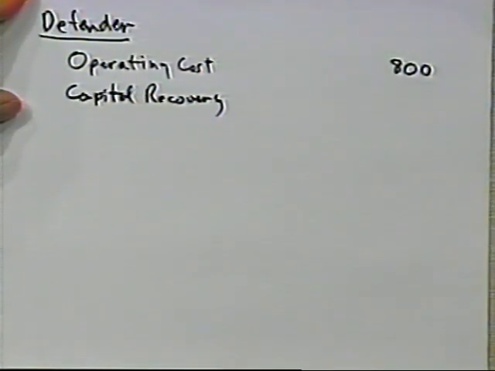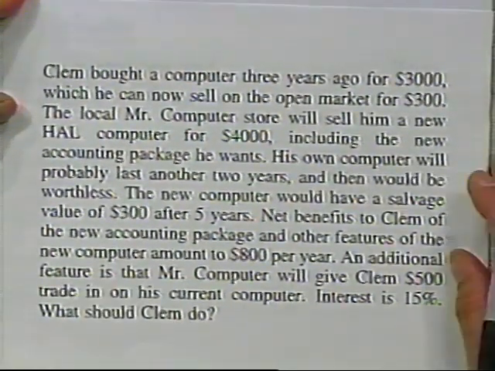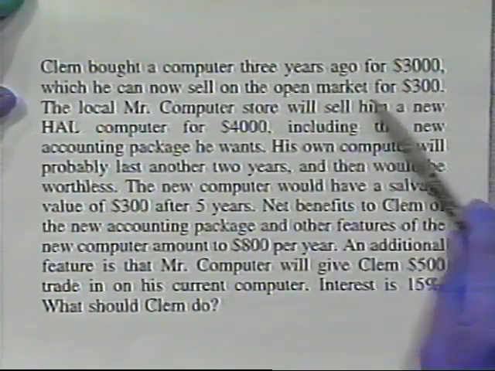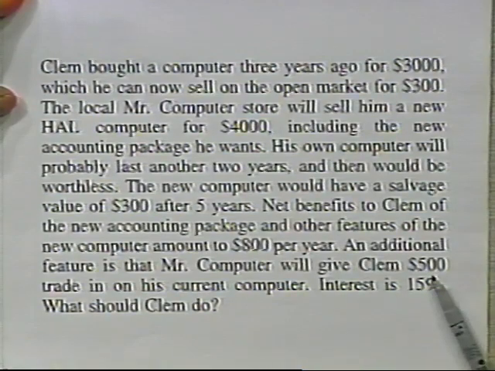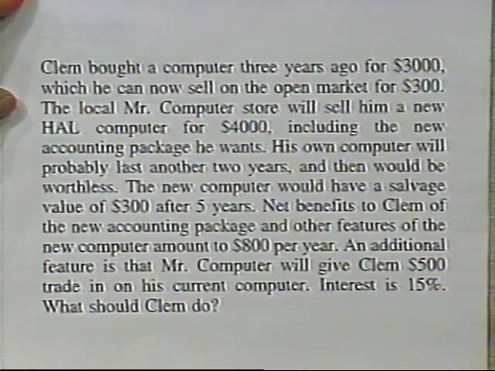In this case, what we want to look at is the worth of his current computer. In our problem, we're actually given two possible ways of determining the worth. We say he can sell the old computer in the open market for $300, or Mr. Computer will give him $500 trade-in. Now, the worth here to use is really the open market worth. The fact that Mr. Computer Store is giving him $500 is just an inducement for buying a new computer. It doesn't really measure the worth of the old one.